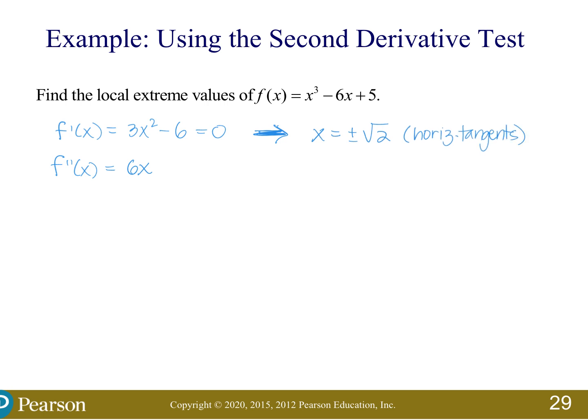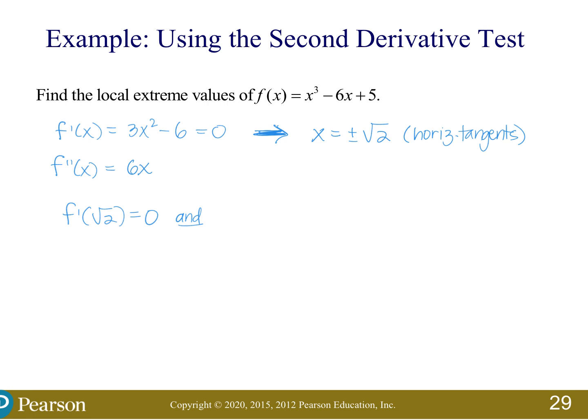That is not enough to tell me if those horizontal tangents are going to be extreme maxes or extreme mins. But I can use the second derivative to check it out. So f prime of root 2, remember f prime, the original one, that's equal to 0. That's the horizontal tangent.